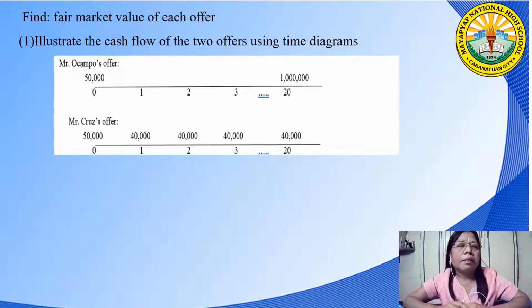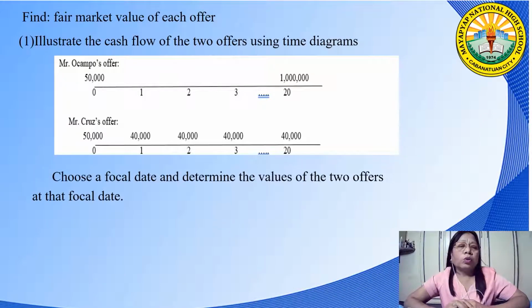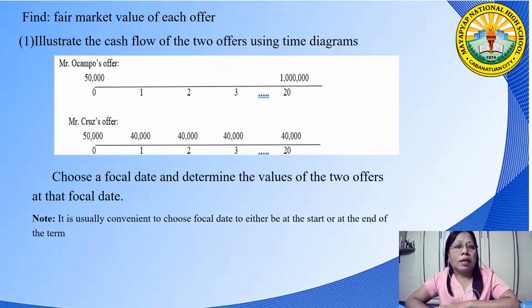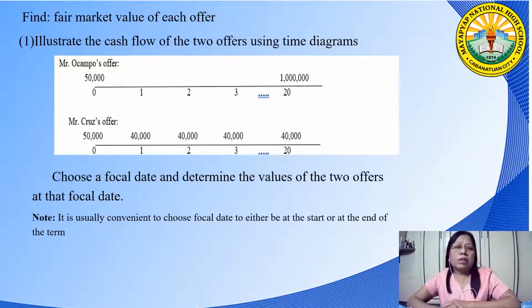While Mr. Cruz's offer is the same, he has a down payment of 50,000 pesos and then every quarter 40,000 pesos. So you choose a focal date and determine the values of the two offers at the focal date. Note, it is usually convenient to choose the focal date to either be at the start or at the end of the term.